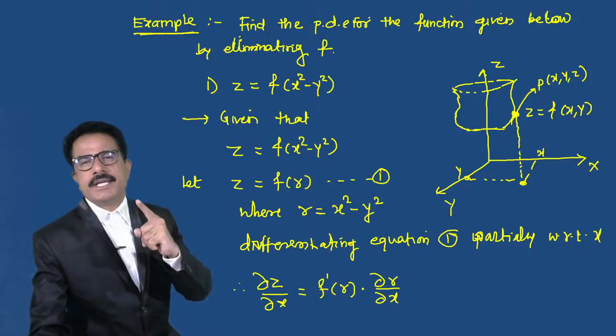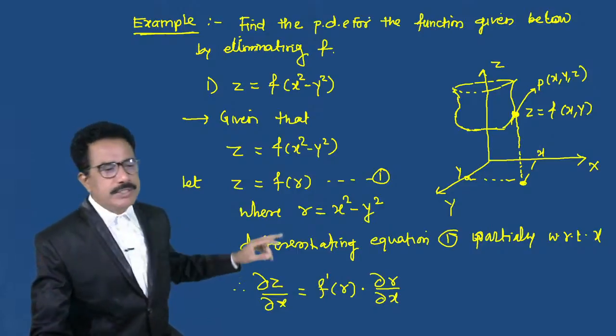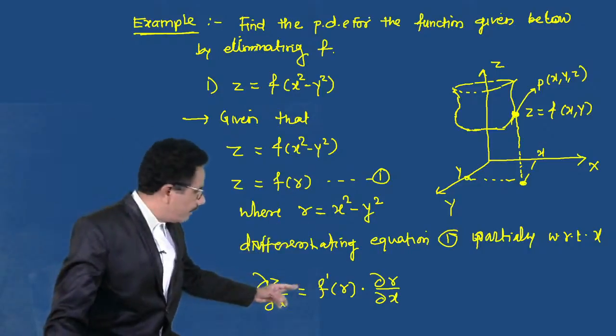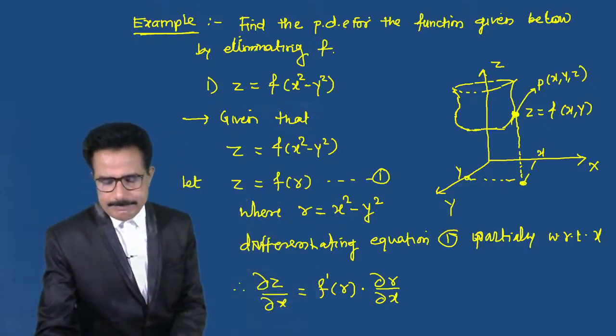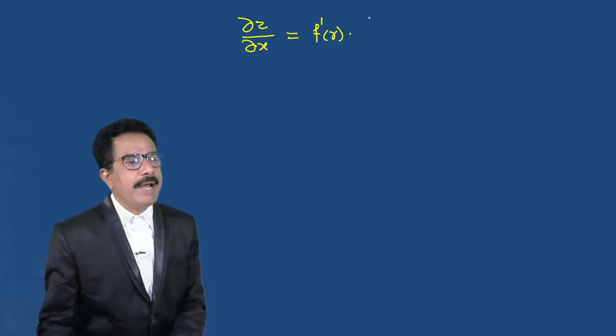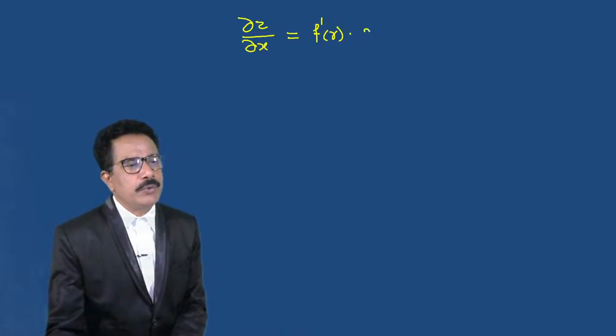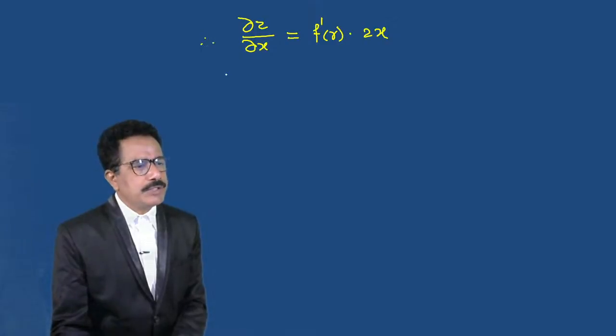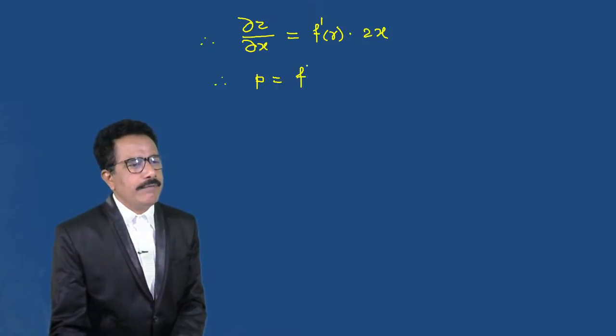Come on students, everyone should give the answer. What is the partial derivative of r with respect to x? Dou r by dou x. Yes, tell me. Dou r by dou x is given by 2x. Okay, so dou z by dou x, which is denoted by small p, is f dash of r into 2x.